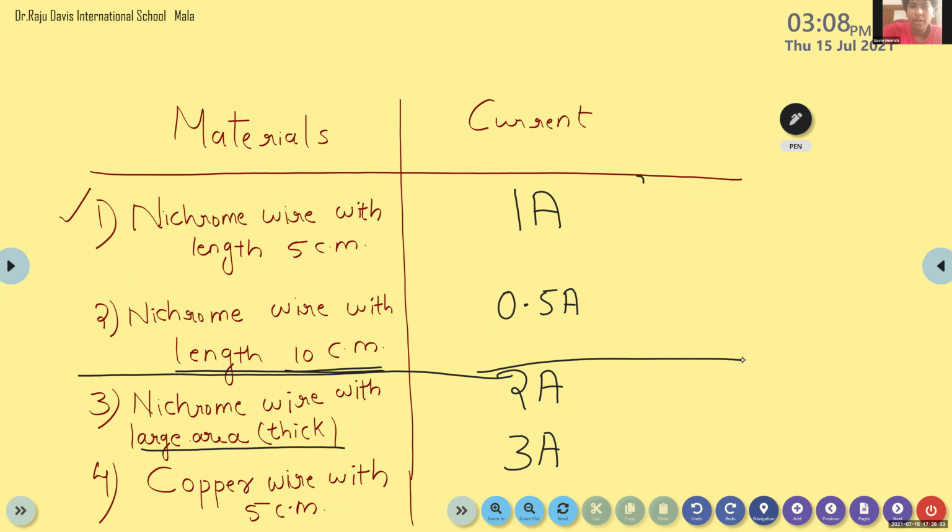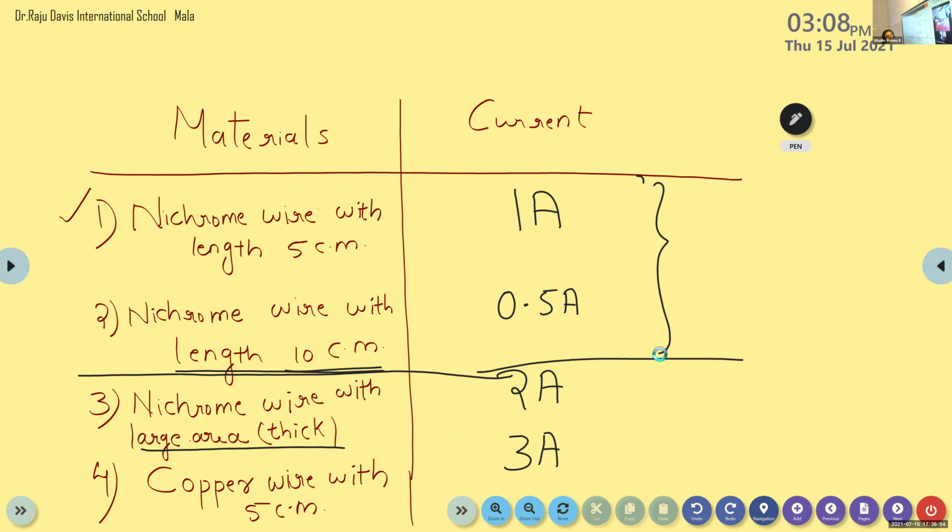Copper wire. Okay. No. We are only comparing the value of the current for the first 2 cases, that is for nichrome wire with a length 5 centimeter and nichrome wire with a length 10 centimeter.